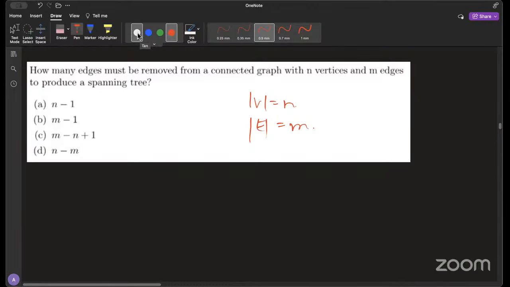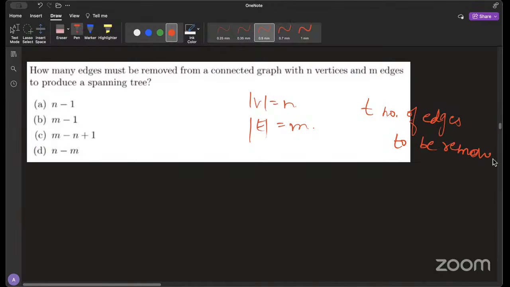So for you to have a tree, and you've been asked how many edges should be removed, right? So let's say t edges need to be removed, or t number of edges we're removing. Can we say that m should be equal to n minus 1?